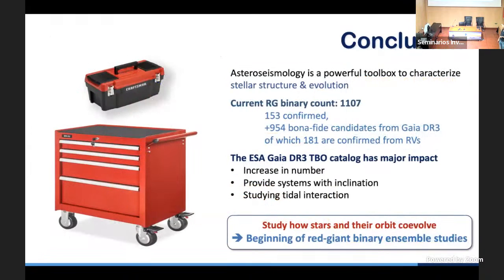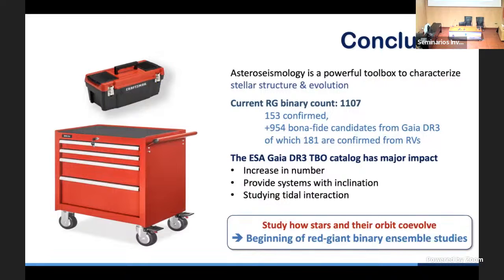With this, I summarize that applying the small and the giant toolbox of asteroseismology to binary stars is a very valid step to learn more about the evolution. With these numbers, we have now increased the number of binaries by an order of magnitude, and we have a full wealth of information.